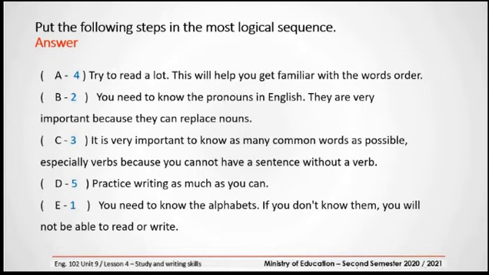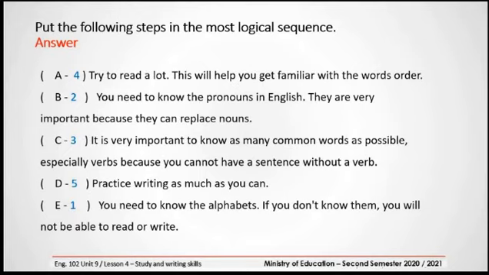The first one should be and must be E. So you need to know the alphabets. If you don't know them, you will not be able to read or write. The second one, I don't know if someone put B, the second one.